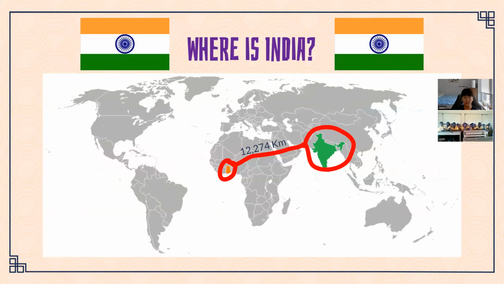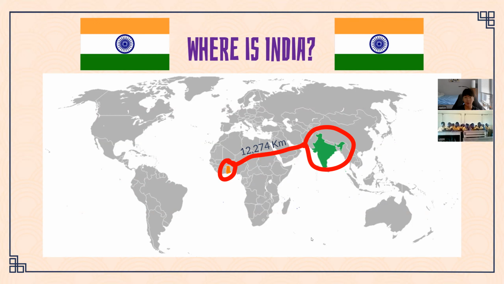Okay, so where is India? Like you've seen before, it's around this area on about the west of Asia. And you can see Ghana is actually right here. And it's not that far away. It's around 12,274 kilometers away. So Ghana's right here and India's right here.